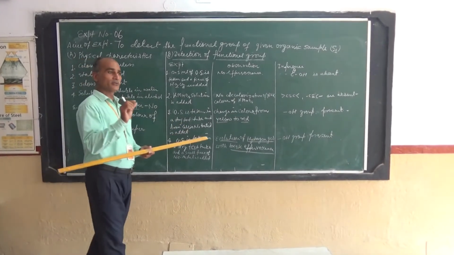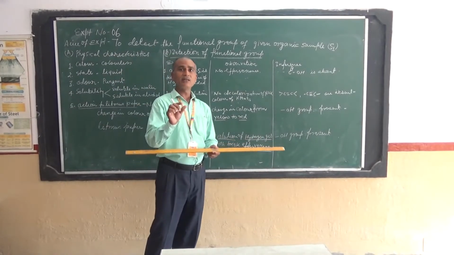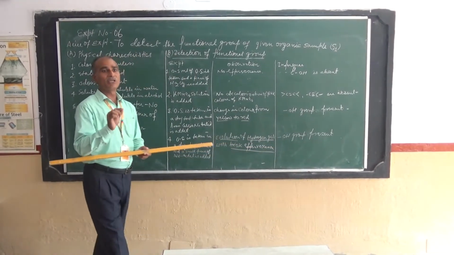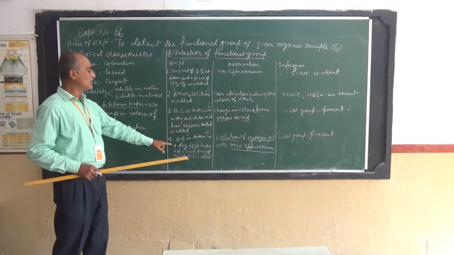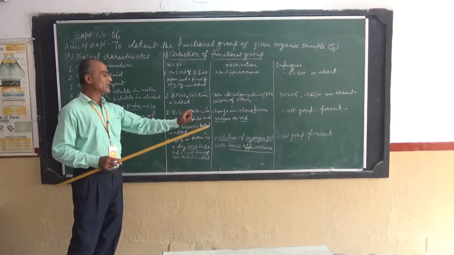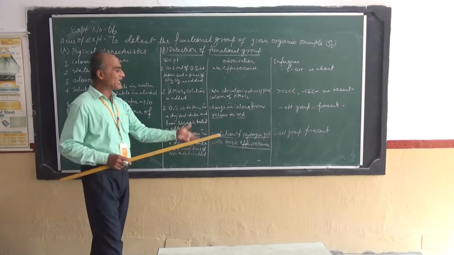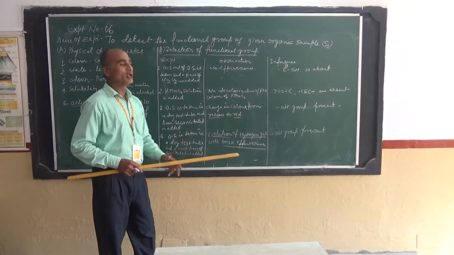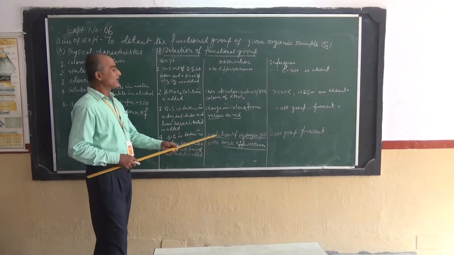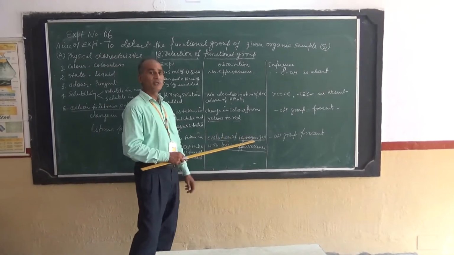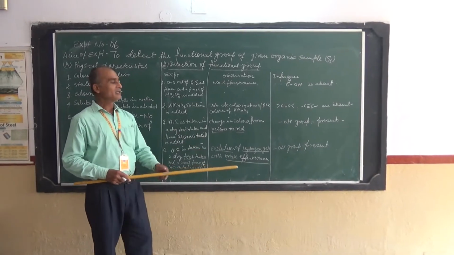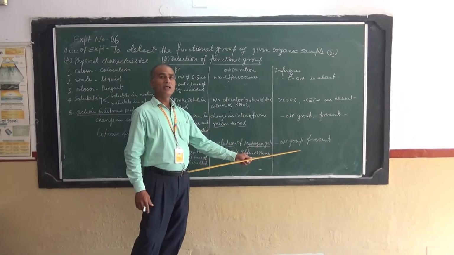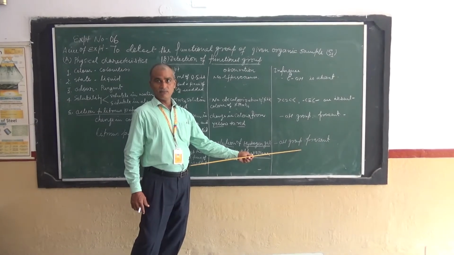Take the sodium metal out of the paraffin, cut it with a sharp knife, and add a small piece of sodium metal to the organic sample and observe the change. You will observe that hydrogen gas evolves with effervescence. This infers that the given organic sample is alcohol.